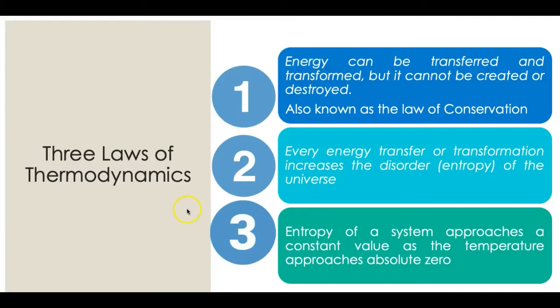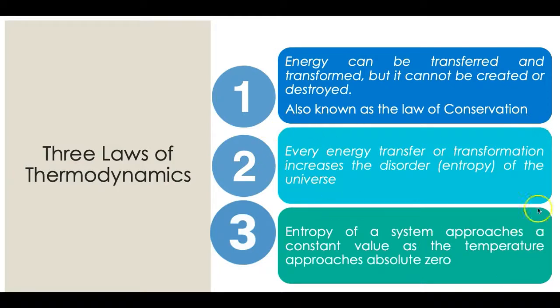There are three laws of thermodynamics here. However, we will only focus on the first and the second one. The first law is energy can be transferred and transformed, but it cannot be created or destroyed. It is also known as the law of conservation.